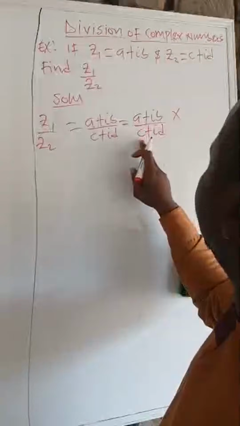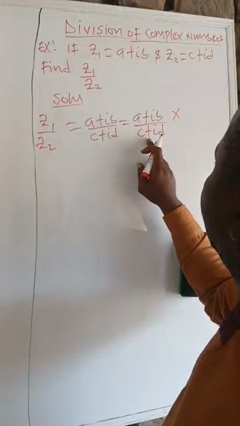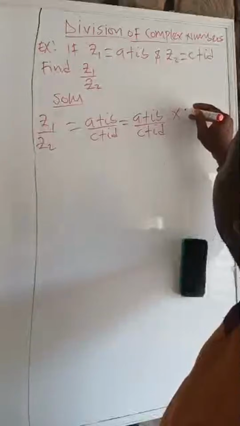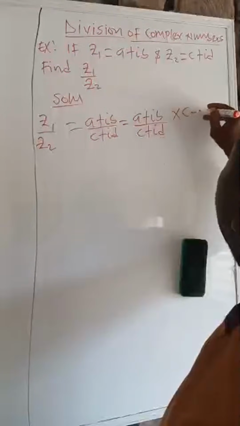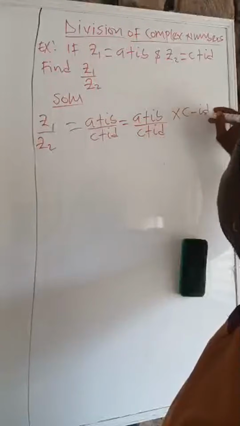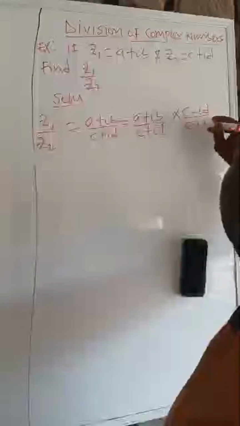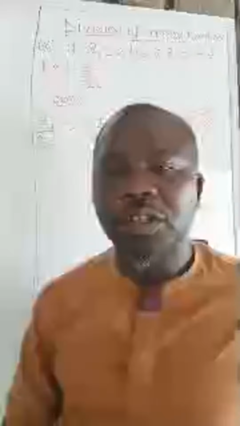The operation in between the real part and the imaginary part here is what? Plus. So you turn it to what? Minus. So c minus id over c minus id. You have done. So what is left is for you to use the denominator to multiply the denominator, and use the numerator to multiply the numerator. That is all.